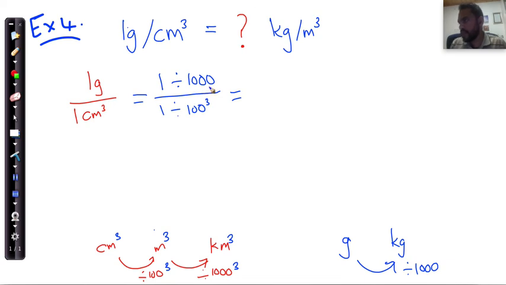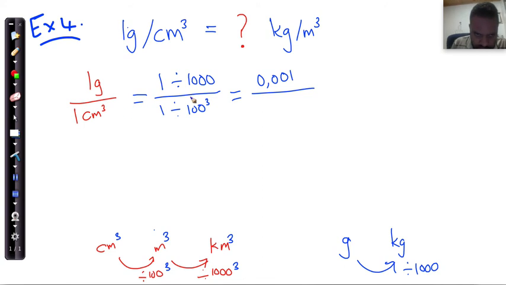which is going to be 0.001. Divided by 1 divided by a million, right?